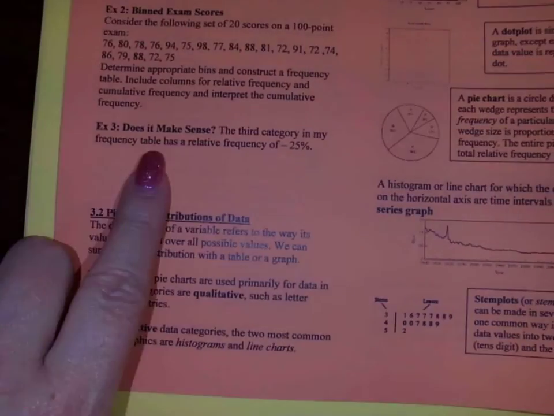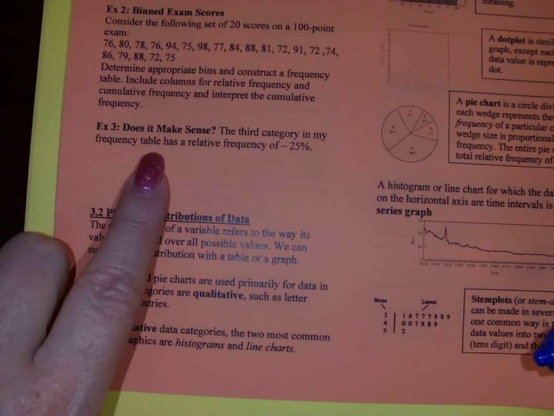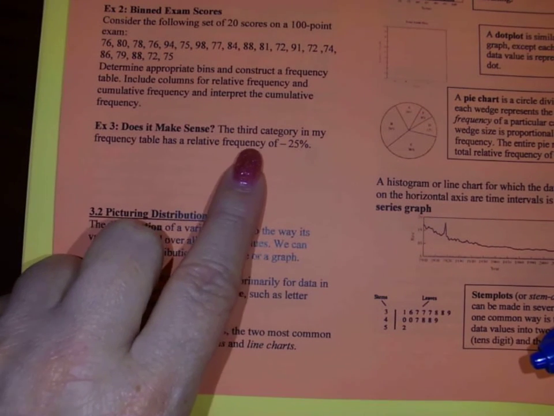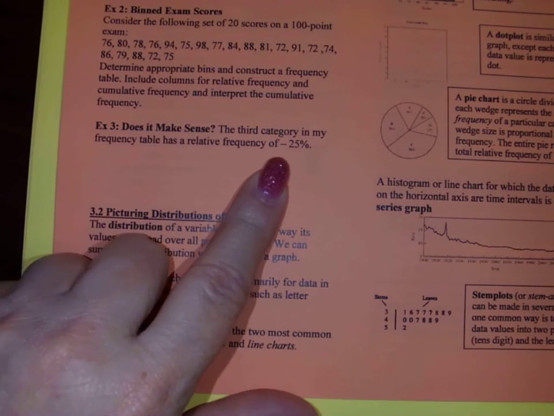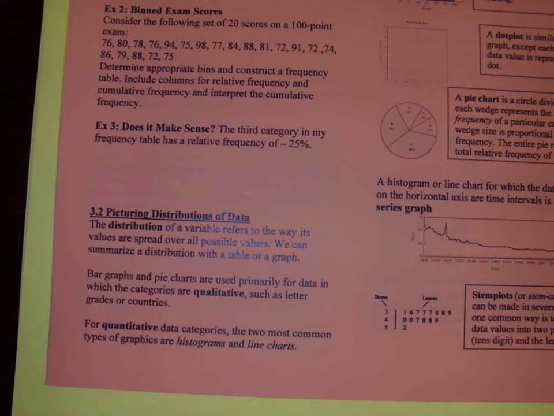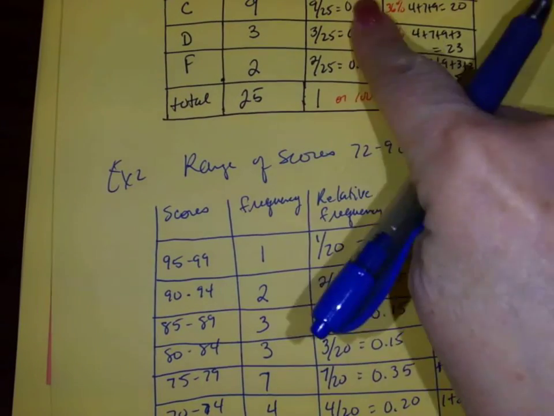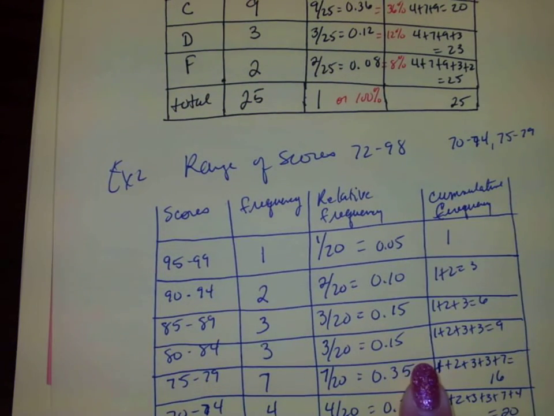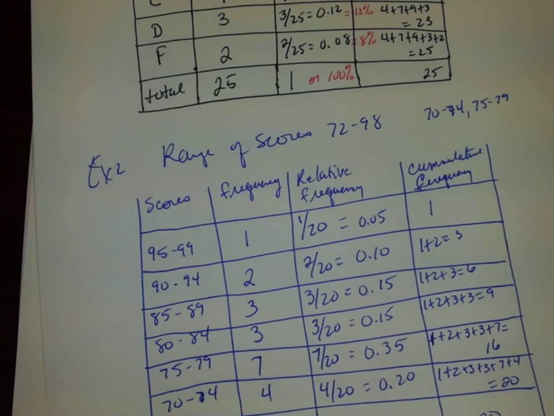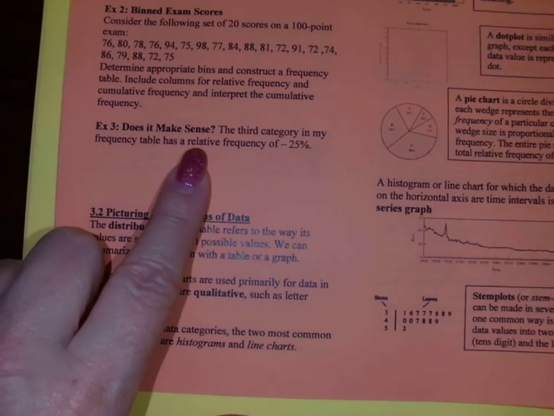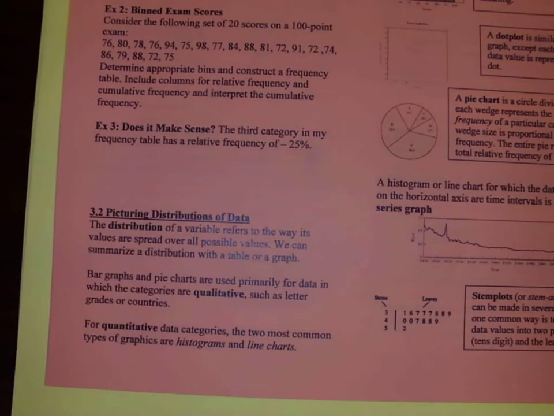All right, our next problem is number 3, does it make sense? So the third category in my frequency table has a relative frequency of negative 25%. Well, if we go back and look at all of our numbers here, were any of them negative? They were not. So relative frequencies cannot be negative.